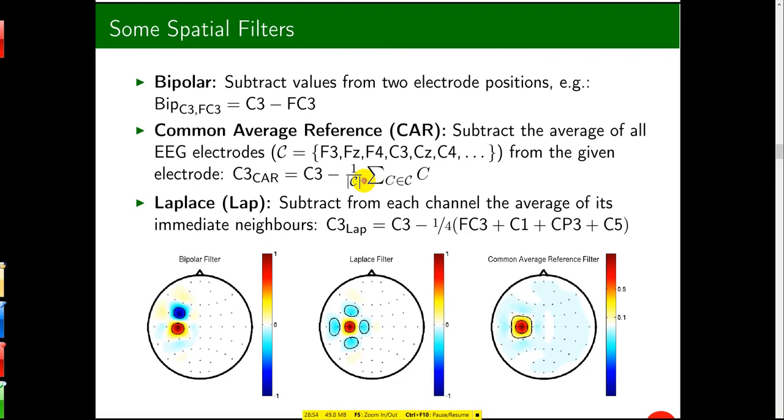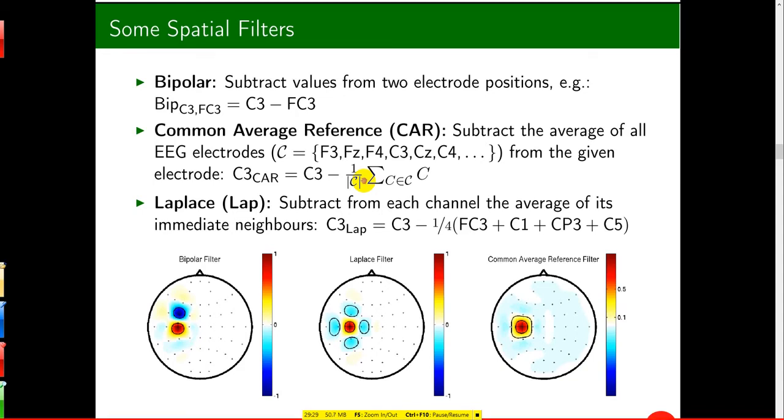So the new C3 Laplacian corresponds to the following operation: FC3, C1, CP3, and C5. Okay, so it's a kind of local operation. You're subtracting the local average from each channel, and you do this iteratively for all of them.